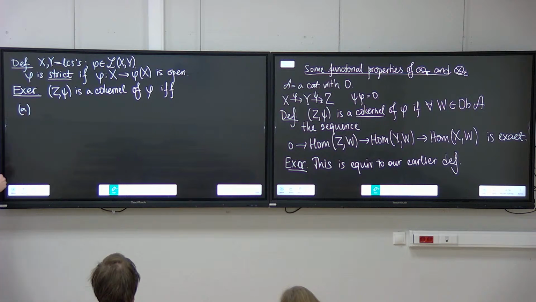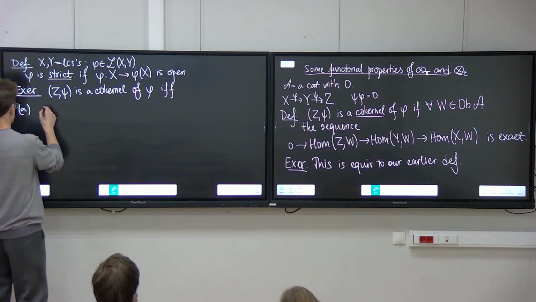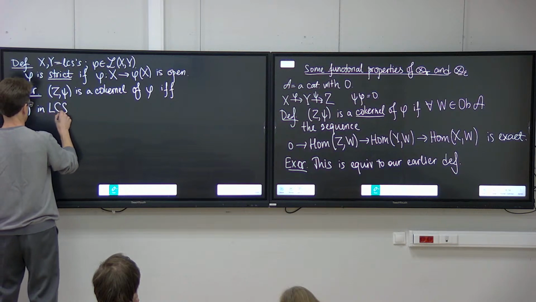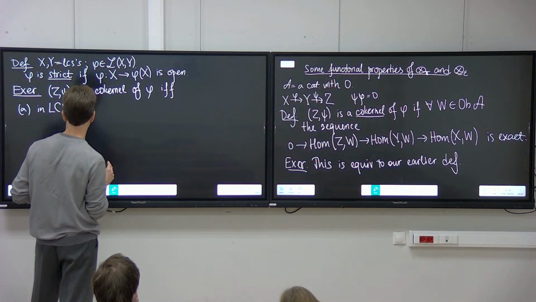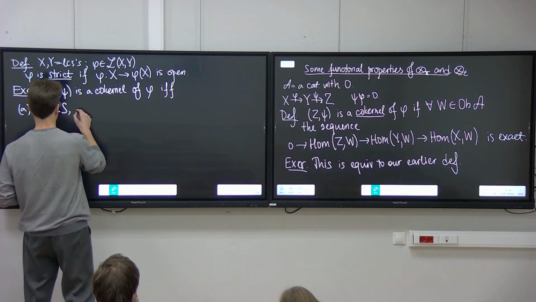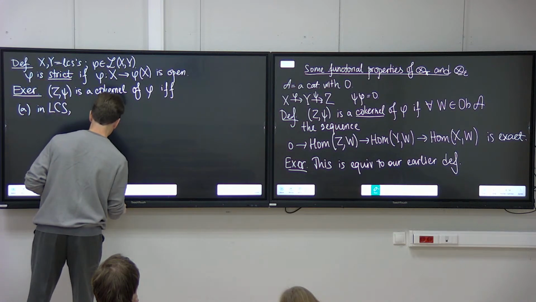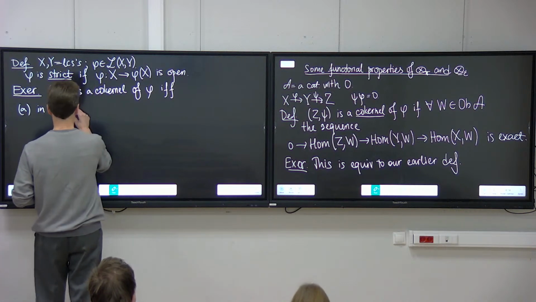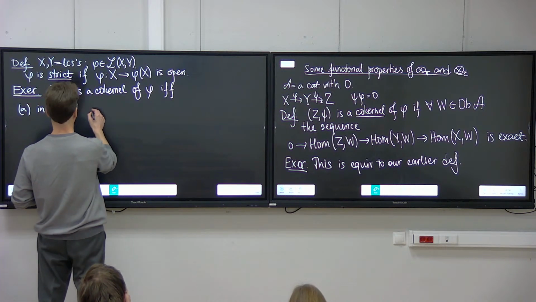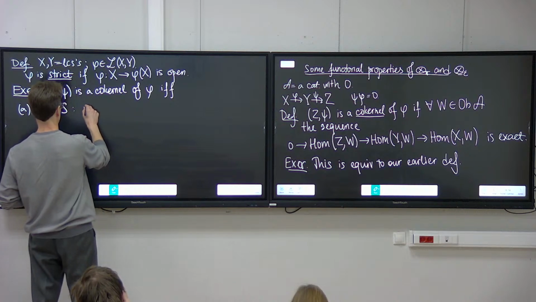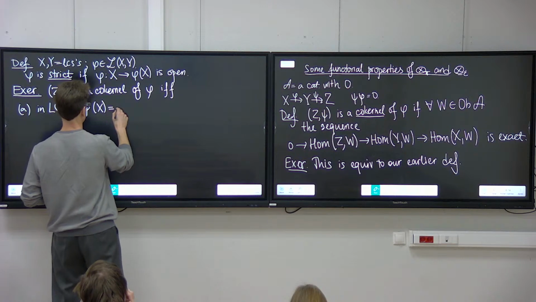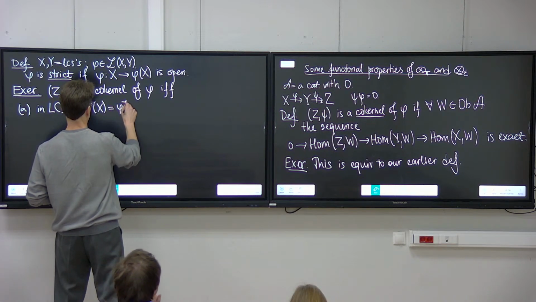So first of all, let's look at the category of all local economic spaces. This is true if and only if the range of psi equals the set theoretic kernel of phi, and phi is open.